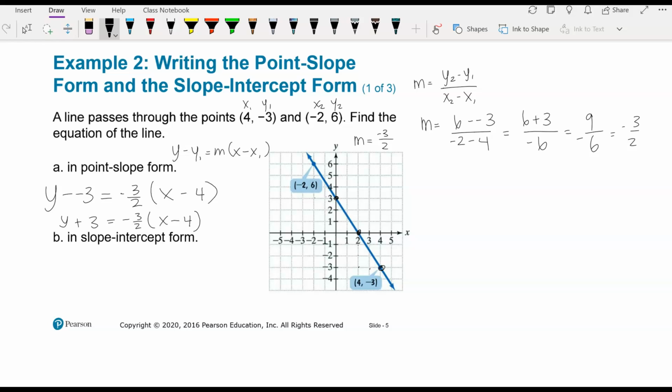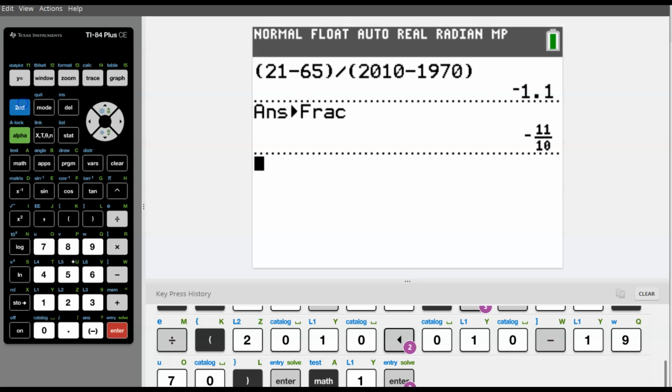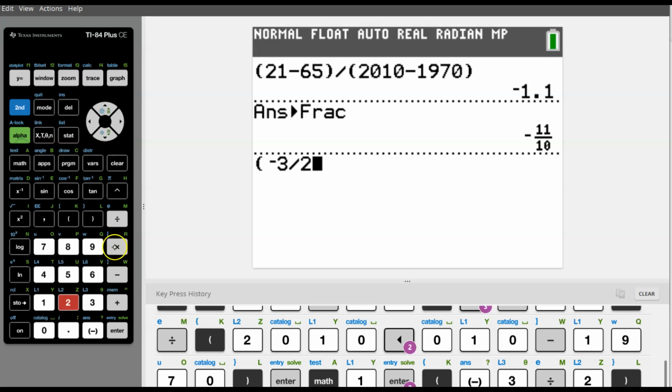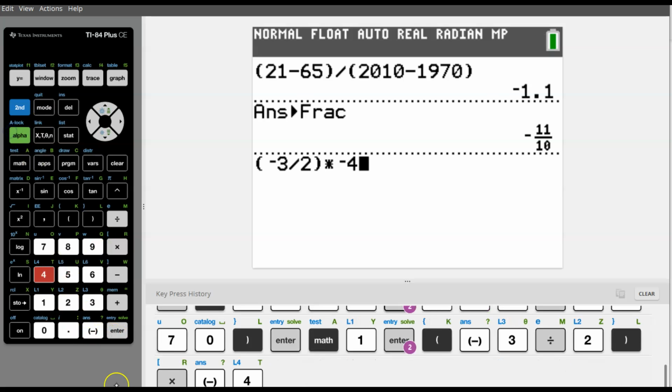All right, slope-intercept form, that means we distribute and move. So it'd be y plus 3 equals -3/2 x. Then we want to do negative 3/2 times the negative 4. So we get positive 6.